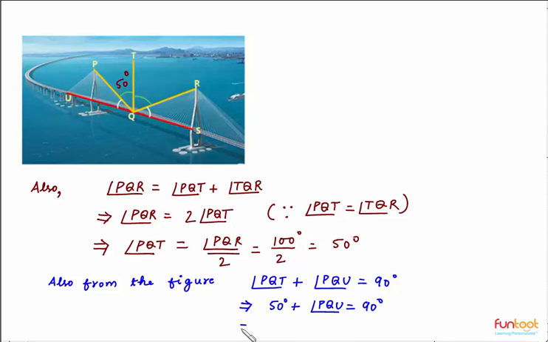So this implies angle PQU is equal to 90 degrees minus 50 degrees, that is equal to 40 degrees. So this is the angle which we had to find in this question, and this comes out as 40 degrees. This is our answer.